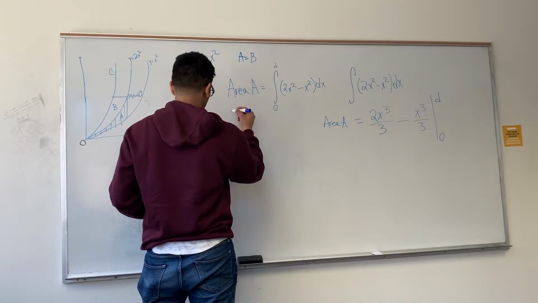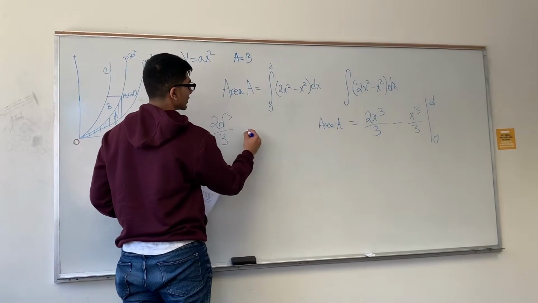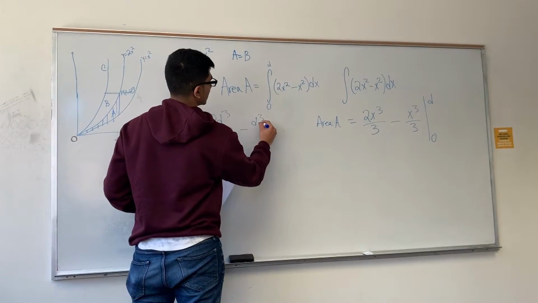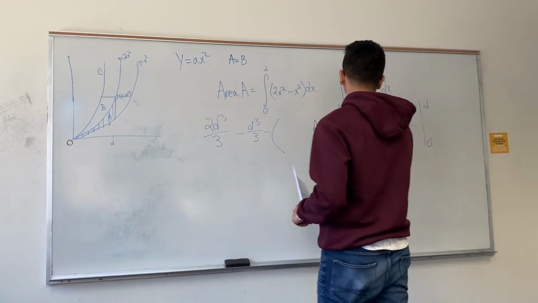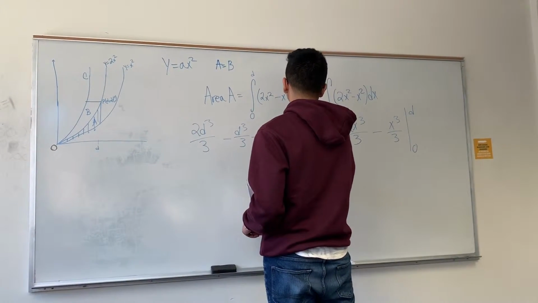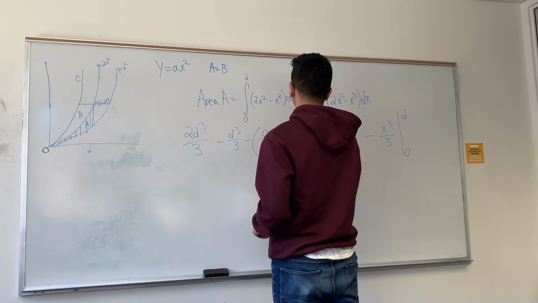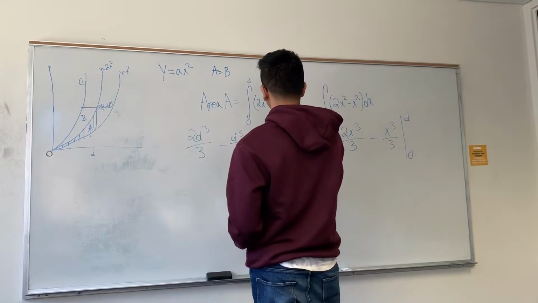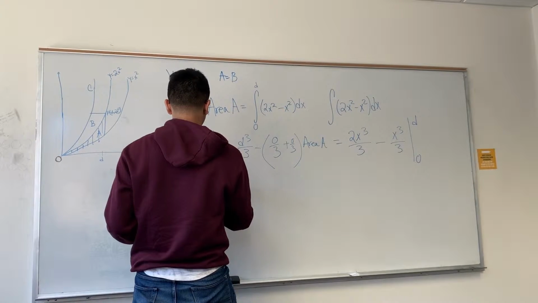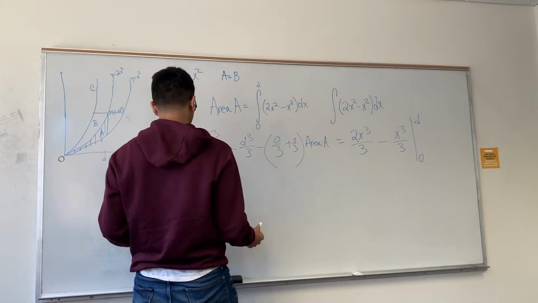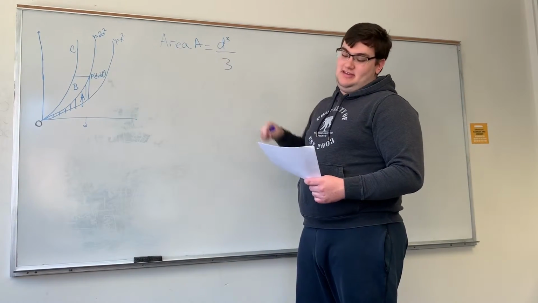So it will look something like this: 2d cubed all over 3 minus d cubed all over 3 minus, if we plug in 0 at the top, it would be 0 over 3 plus 0 over 3. So it's just all this minus 0. And that will give us d cubed all over 3. So we found that the area of region A is d cubed over 3.